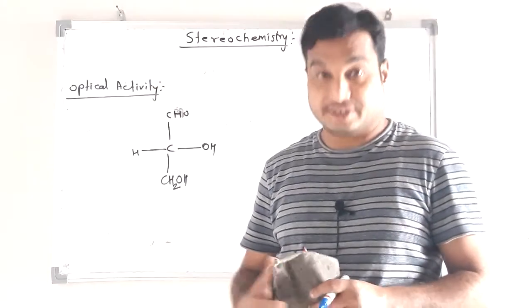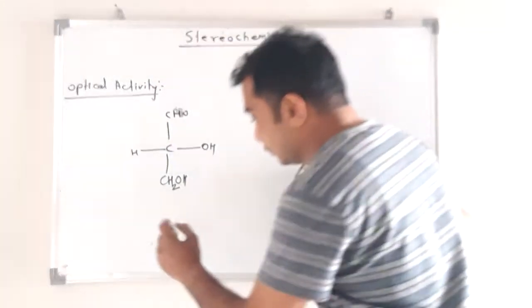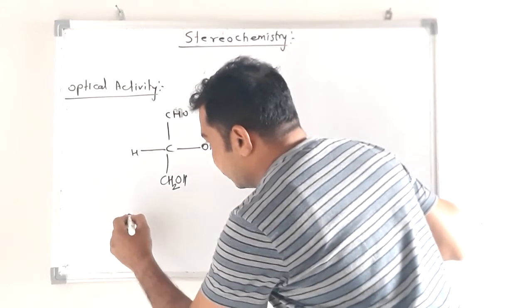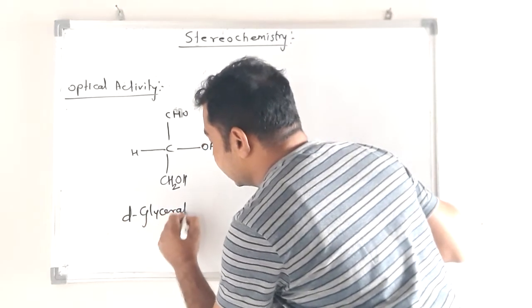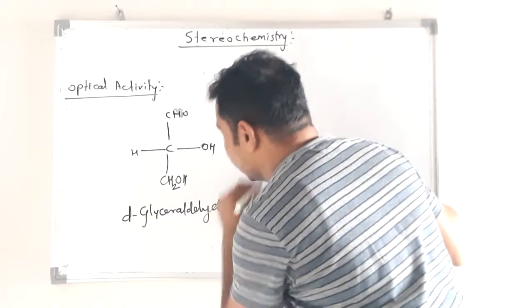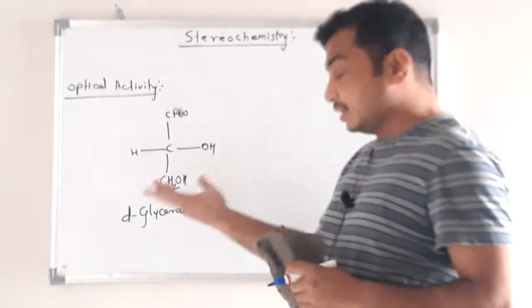The plane of PPL will rotate toward the right side. That's why I have mentioned here it is D-glyceraldehyde.